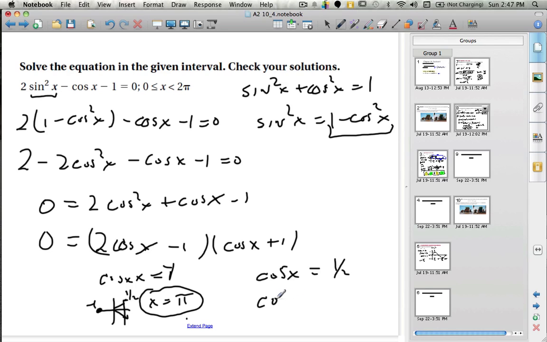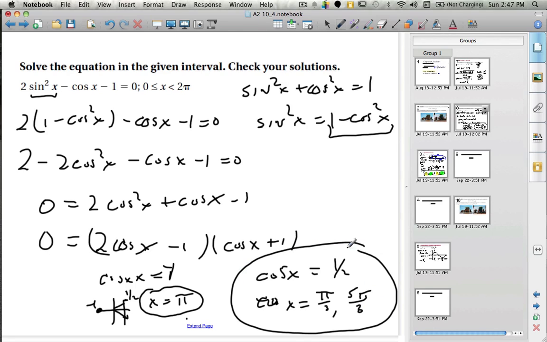So that would be pi over 3, which is 60 degrees. And then if I take pi over 3 negative, so I take pi over 3 out of 2 pi. 2 pi is 6 pi over 3, so it'd be 5 pi over 3. And these are my solutions.